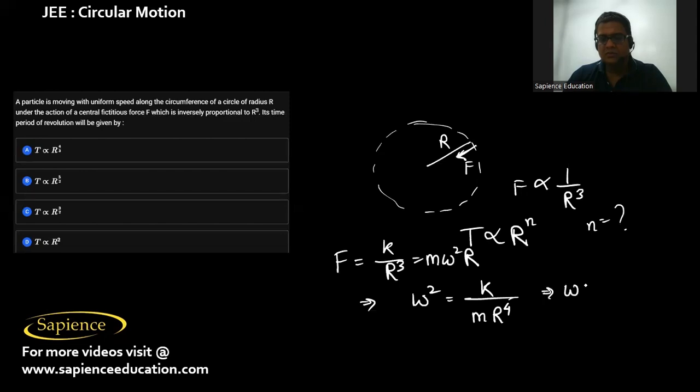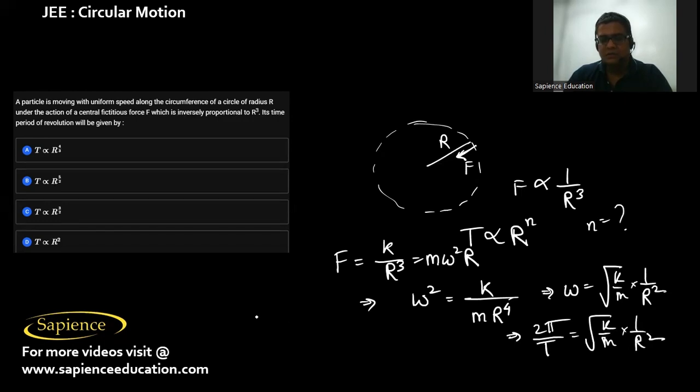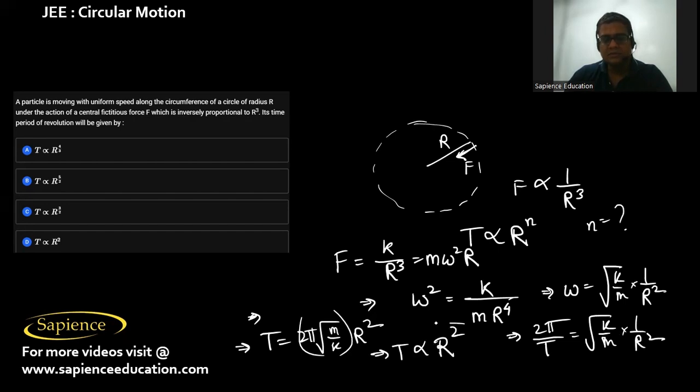So therefore omega will be equal to root over k by m into 1 by r square. Now omega is actually 2 pi by T, that is equal to root over k by m into 1 by r square. So therefore T will be equal to 2 pi root over m by k into r square. So therefore T is proportional to r square. So here the time period will be proportional to r square. So option D is the correct answer.